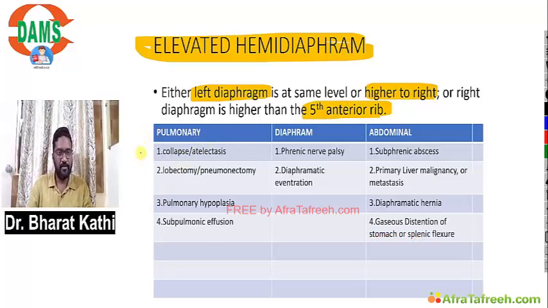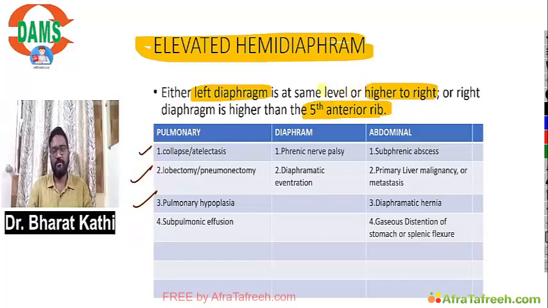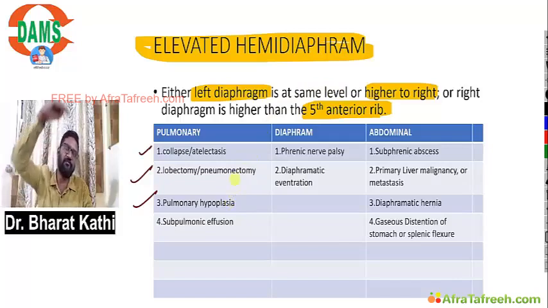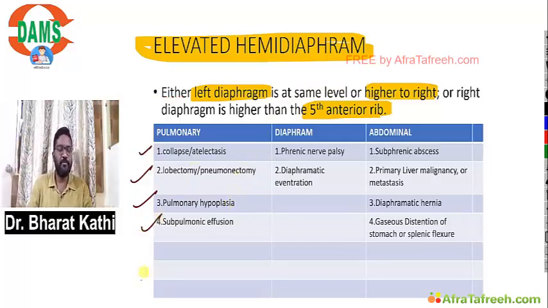So pulmonary causes: collapse can pull it up, lobectomy, pulmonary hypoplasia, and also subpulmonic effusion, because the effusion is getting accumulated beneath the lung, you can see as if the diaphragm has elevated. Subpulmonic effusion is a common cause of elevated hemidiaphragm.